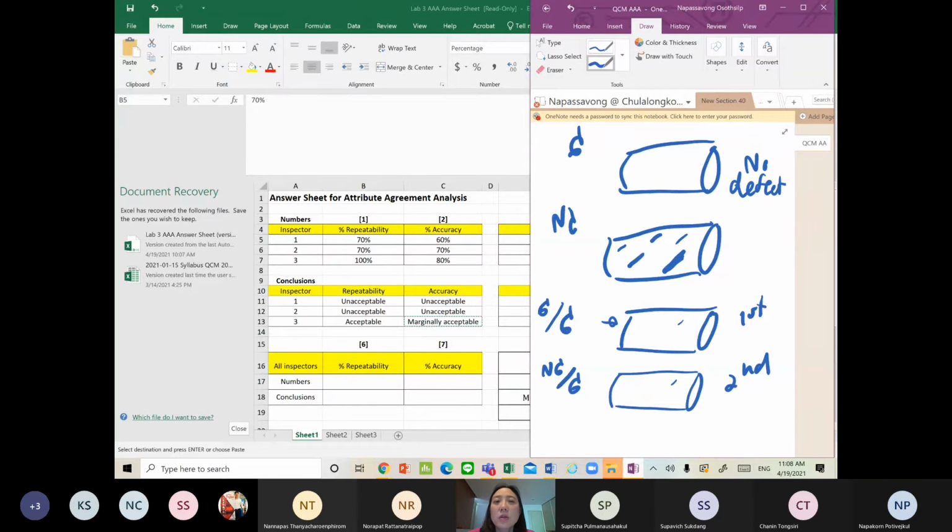So to correct this, first you have to set up a clear standard. Next, you have to use that standard to have the inspectors practice a lot, do inspection a lot, and then you have to monitor the performance.